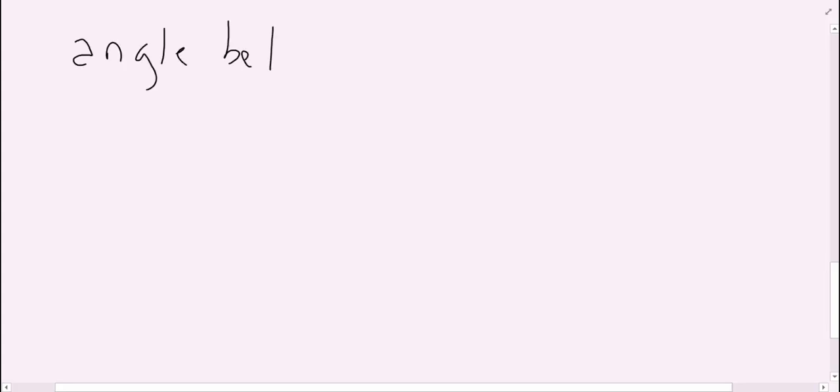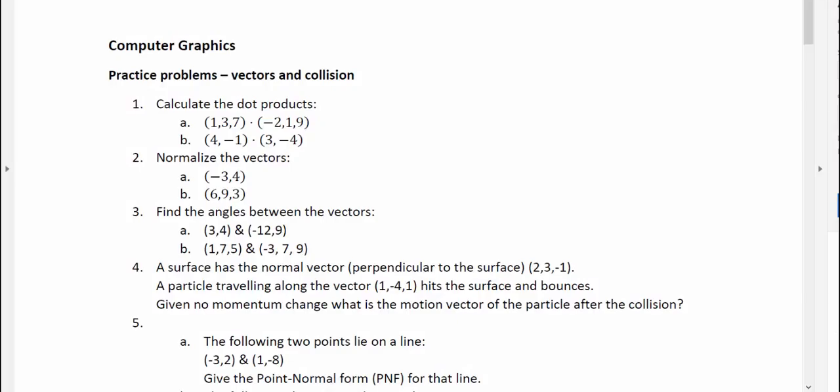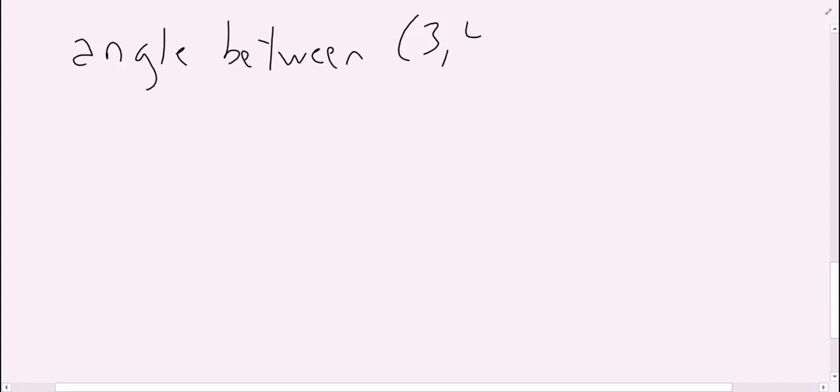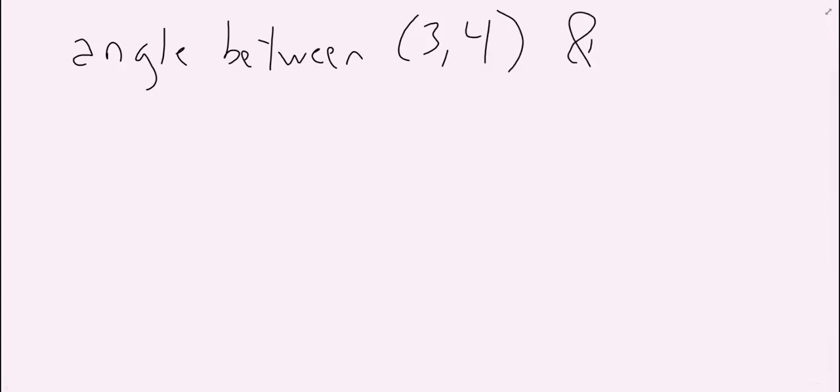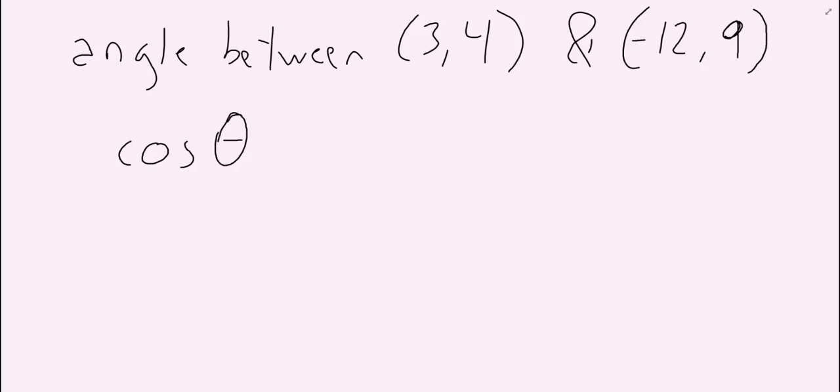This isn't great handwriting, but what we do here when we're finding the angle is that we normalize the vectors first, and then we take the dot product of the two vectors, and that dot product gives us the cosine of the angle.